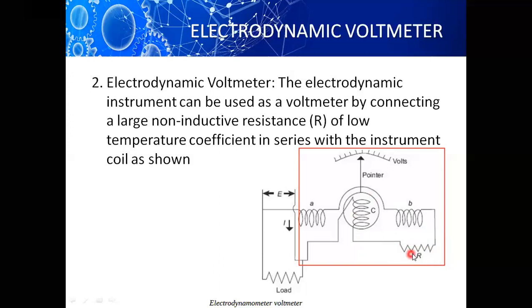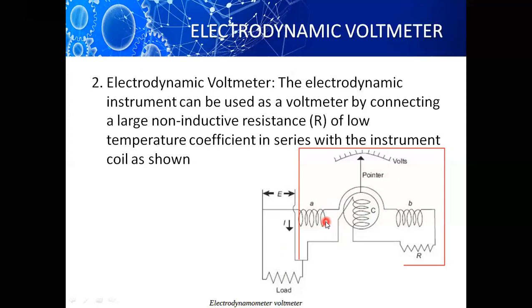The supply is supposed to supply the load, and the meter is just supposed to work as a device to measure the load voltage. But the meter should not act like a load. Because it is connected in parallel with the load, it should not consume large amounts of current. If it does, the load current will be affected and the basic purpose of the meter will be lost.